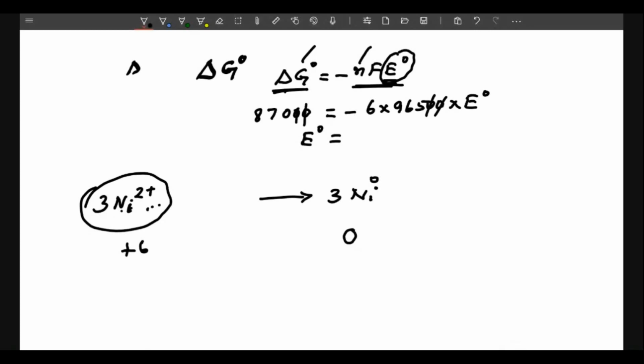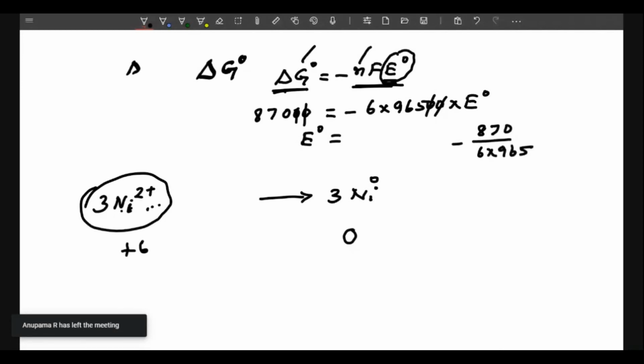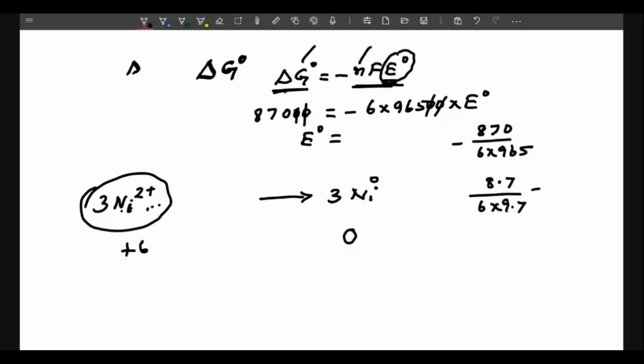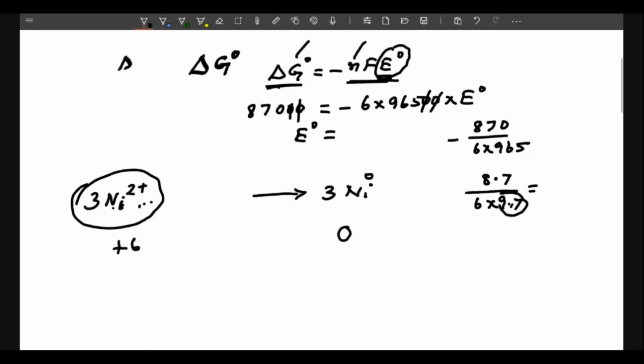E naught is equal to 870 divided by minus 6 into 965, or it can be written as 8.7 by 6 into 9.7. Simplifying it, you can convert this 9.7 as a whole number by increasing by 0.3.